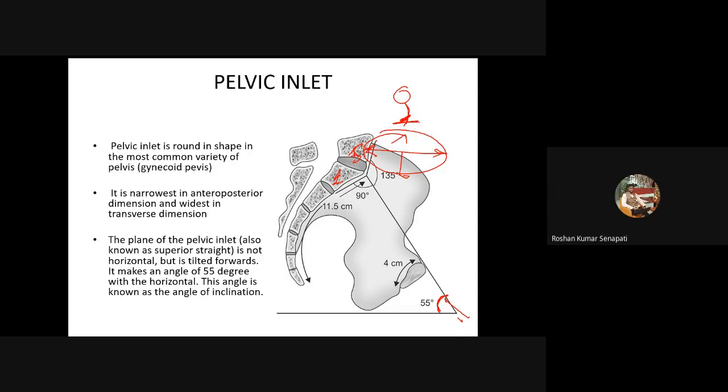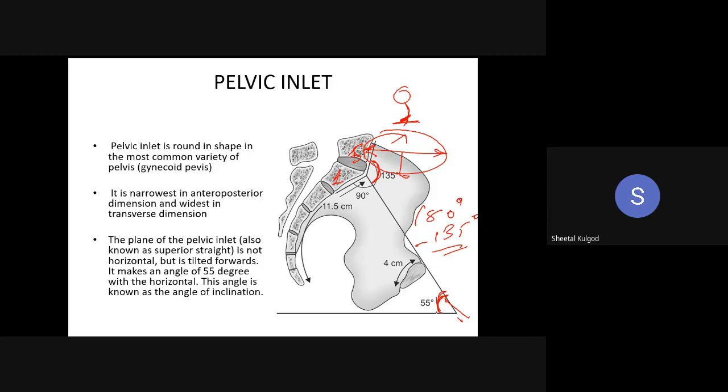The lumbar vertebrae and the axis of the sacral vertebrae form an angle. This angle can be calculated radiographically, and when you subtract it from 180 degrees, so 180 degrees minus 135 degrees, that is the angle between the lumbar and the sacral vertebrae, this will give the angle of inclination. This is of obstetrical significance. We'll discuss it in the later part.